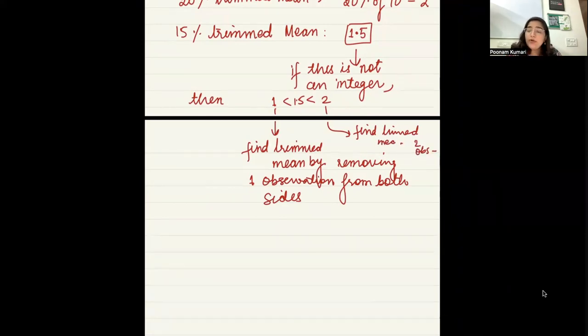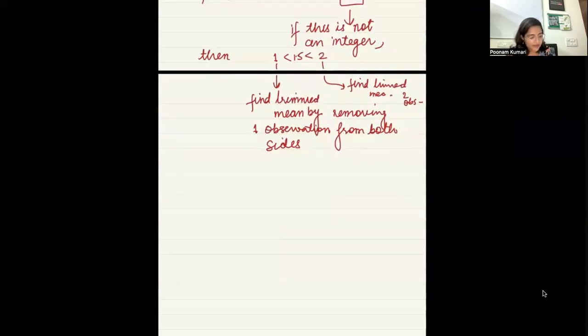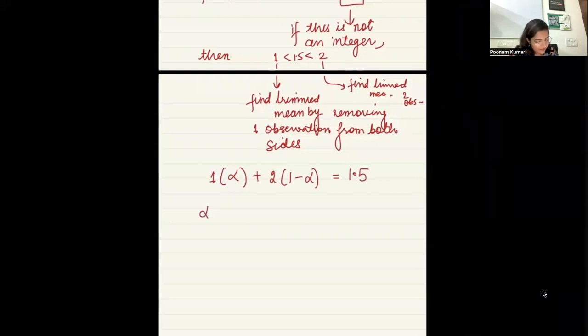When you do that, you will have some value, right? Now what you have to do: 1 times alpha plus 2 times (1 minus alpha) equals 1.5. So you have to find the value of alpha, the alpha value which is giving you this 1.5.